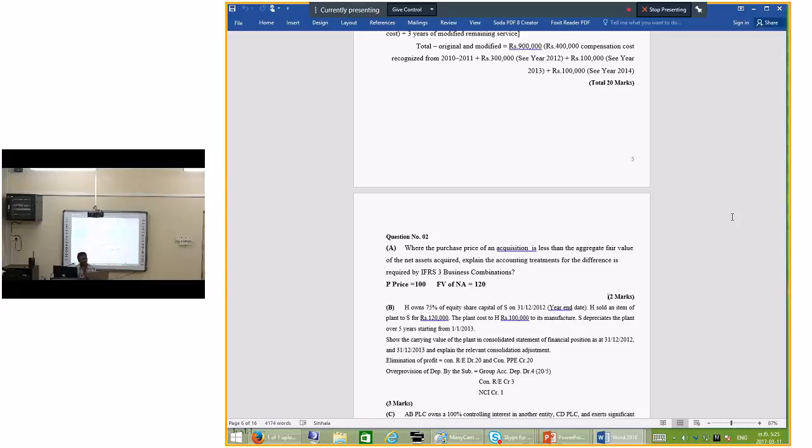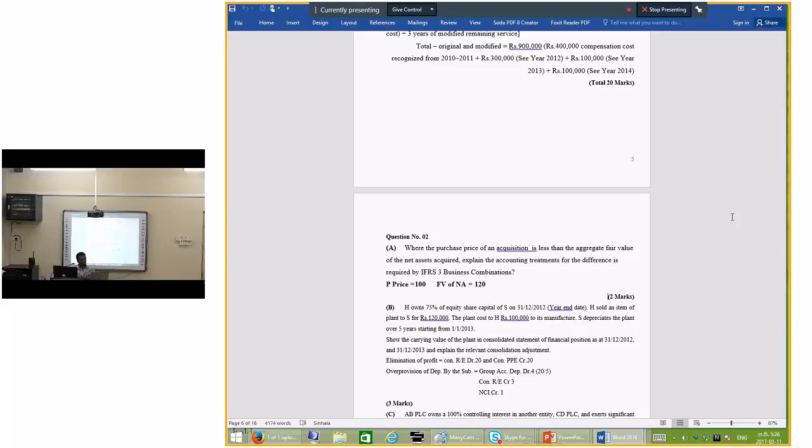Look, I'll tell you every time how we need to write an answer for this type of question. It is very important. I have given 2 marks, awarded for 2 points. What are the 2 points you have to say? One point: this difference is profit on bargain purchase.